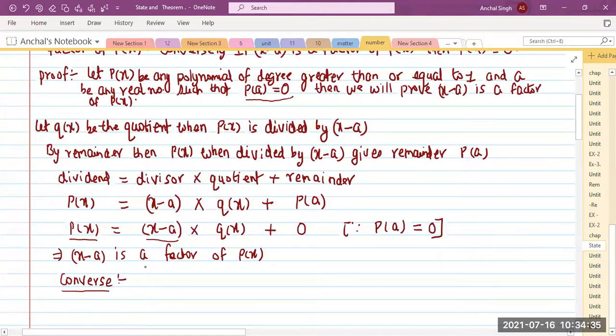Yes or no? Converse means opposite. So what is given in converse? Now in converse it is given that suppose x minus a is a factor of Px.